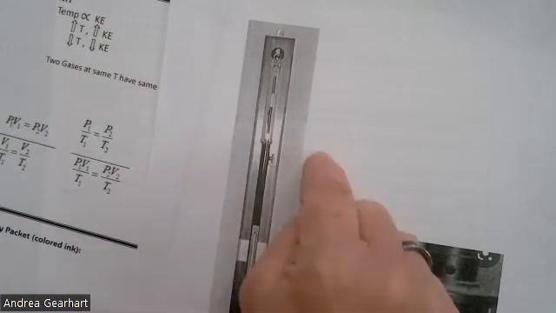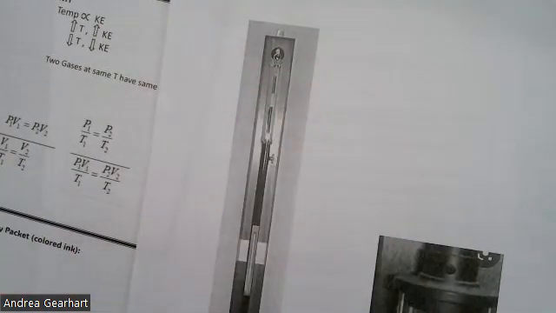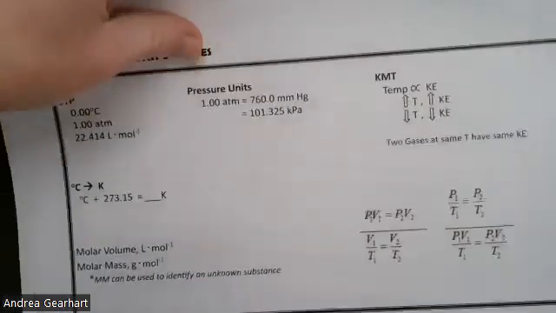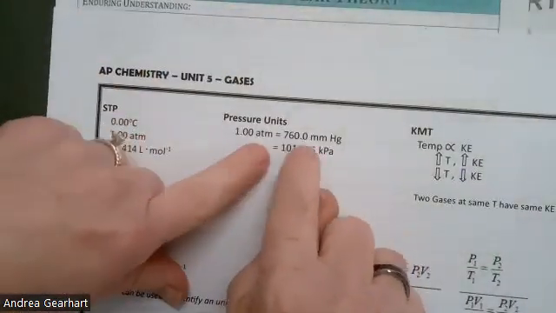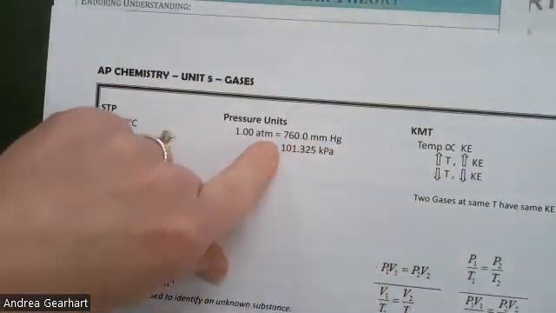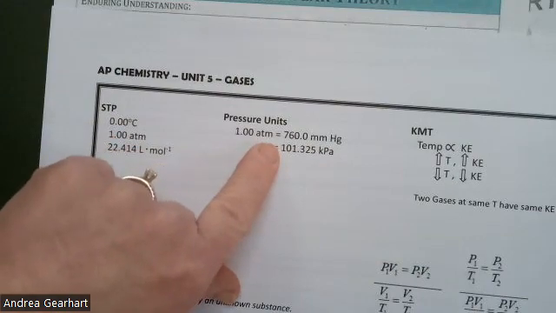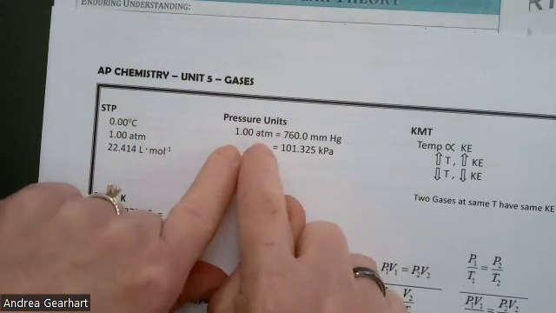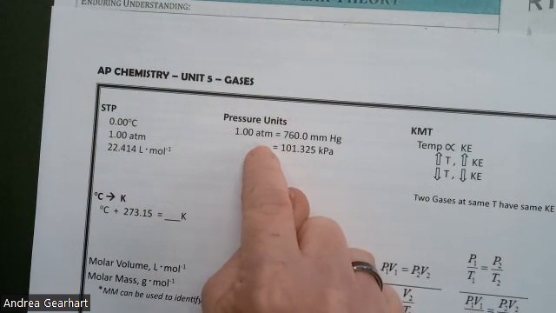You measure the height of mercury. Fair weather at sea level is approximately 760 millimeters of mercury. That would be the height. That is equivalent to what we call 1 atmosphere.